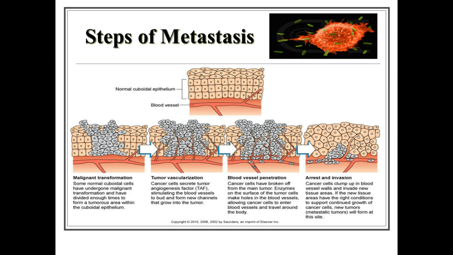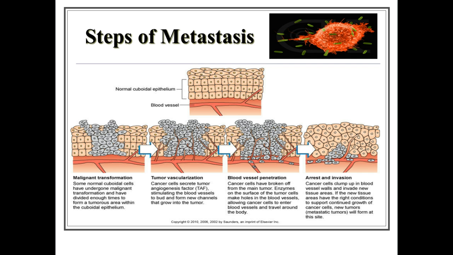They bud and form new channels, and then they grow into tumors. Then the blood vessels are penetrated by enzymes on the surface of the tumor cells, allowing the cancer cells to enter the blood vessels and travel around the body.